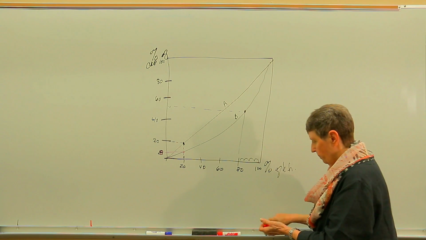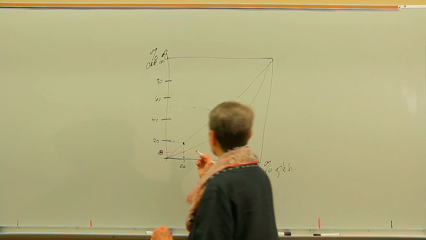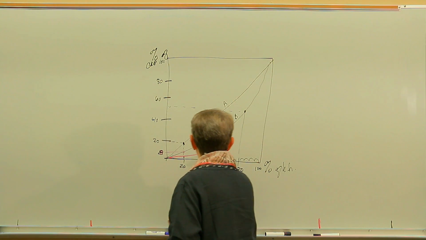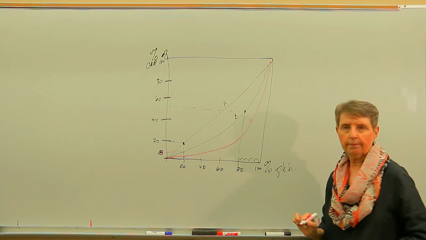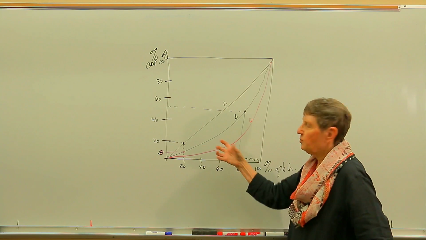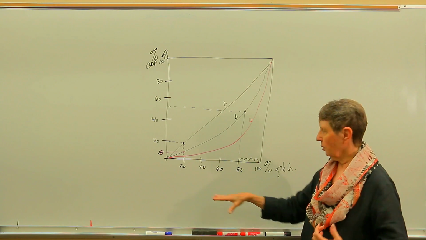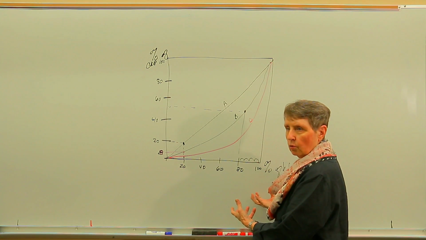We could draw another Lorenz curve in here. Let's draw this economy right here, and we'll call this economy C. And economy C is even more unequal in its distribution of income among households.